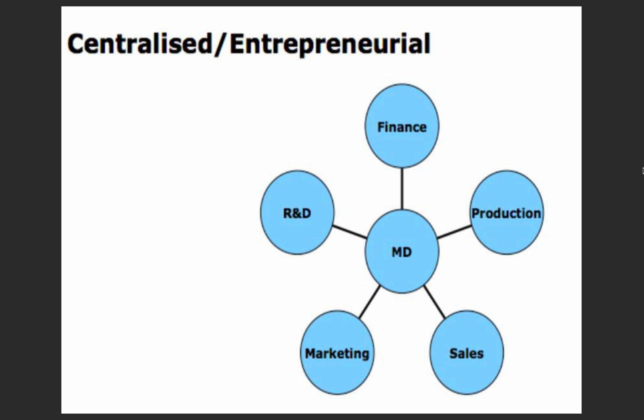So as you see here, everything is connected. Finance, production, sales, marketing, they're all connected back to the managing director, meaning that they can collaborate in order to come up with solutions and further on.